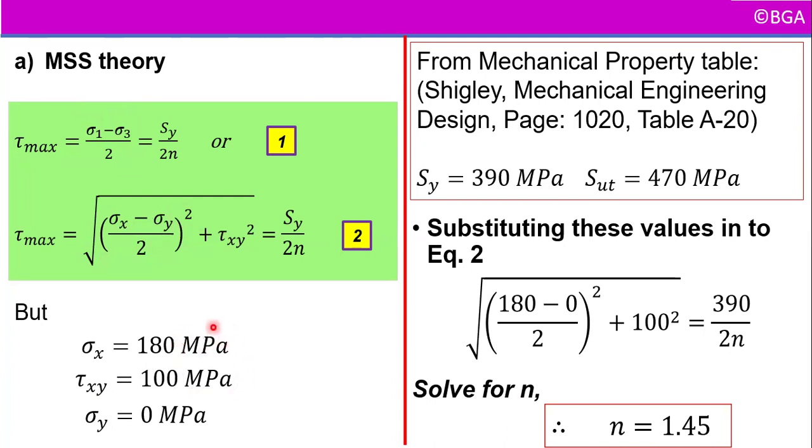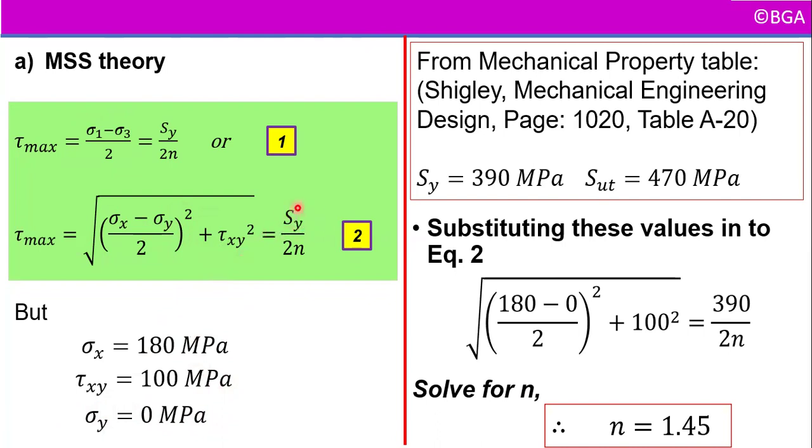So because we are given applied stresses, the suitable equation to use is equation number 2, which is maximum shear stress theory expressed in terms of induced stress. Since no information is provided about applied stress along the y direction, the value is automatically equal to 0.